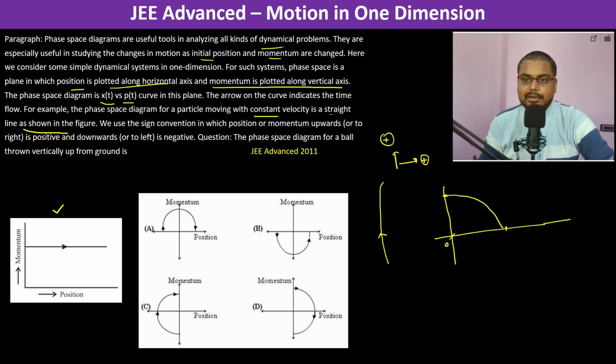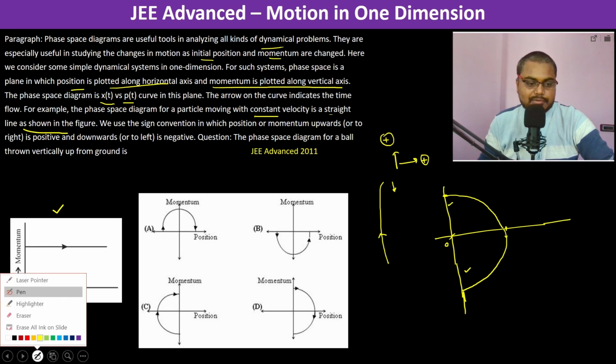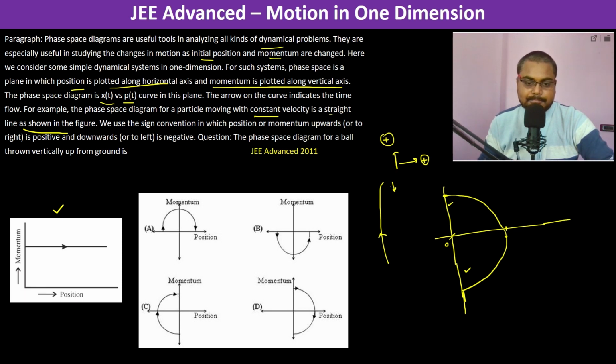Now the momentum changes its direction and becomes negative, and then the magnitude keeps on increasing, until when it touches the ground the momentum is almost the same as at the start. So the only option we are seeing is D.